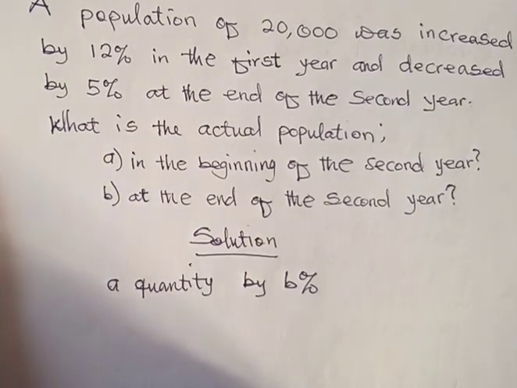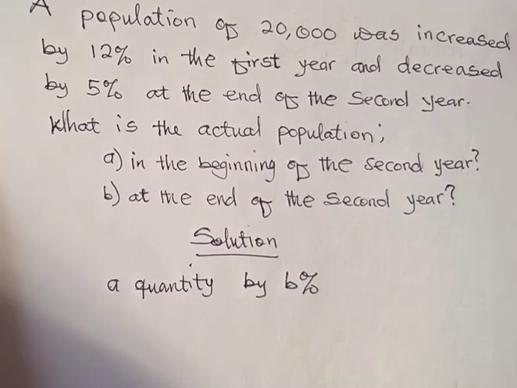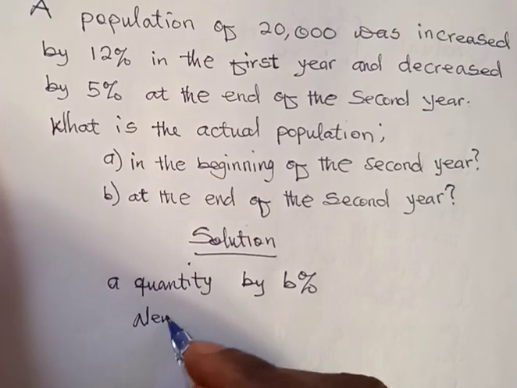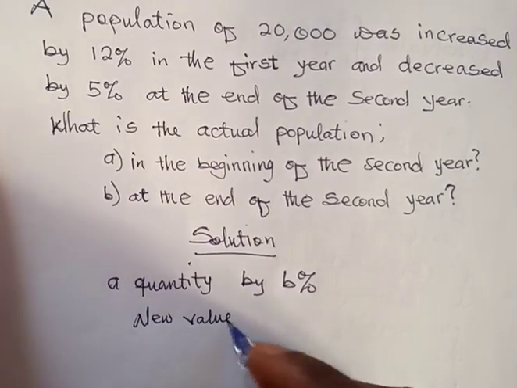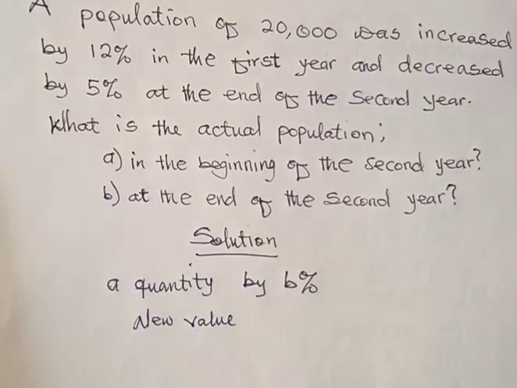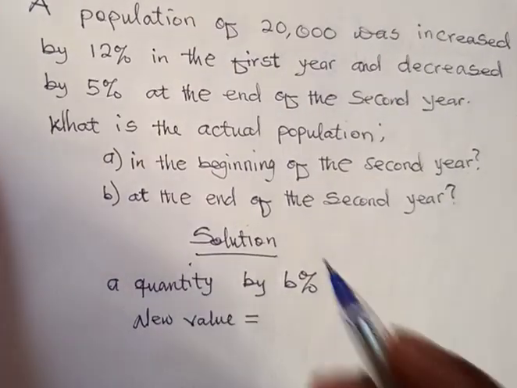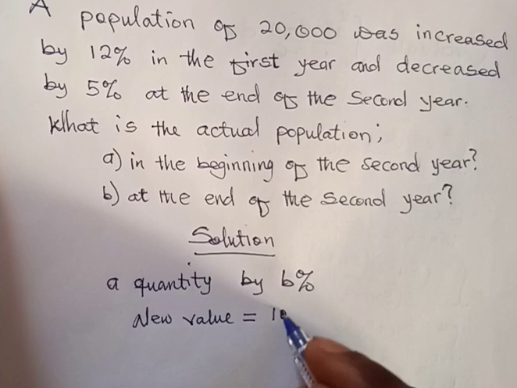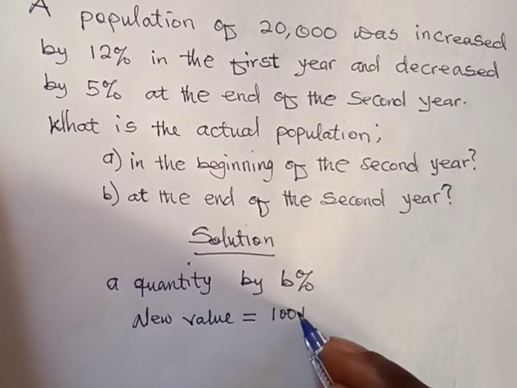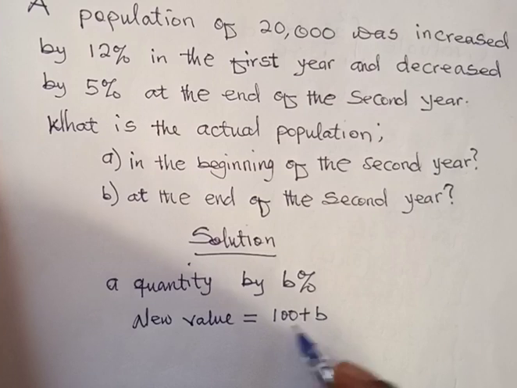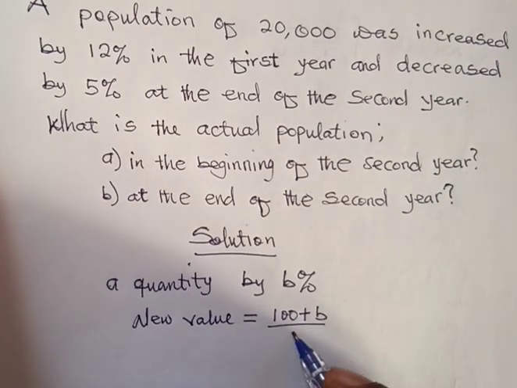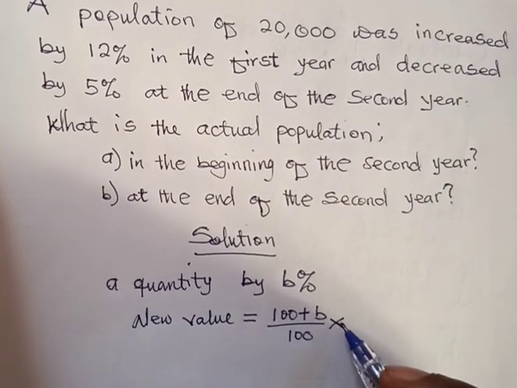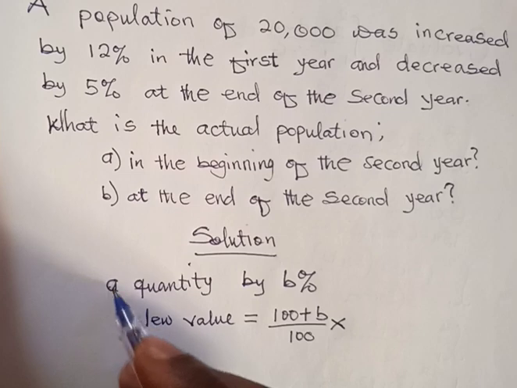Remember, we said that to get the new value or the new amount, you look for this value here. What is the b? You add it to 100 because we are increasing, and divide the whole by 100 again and multiply by the original or actual quantity, which is my a.